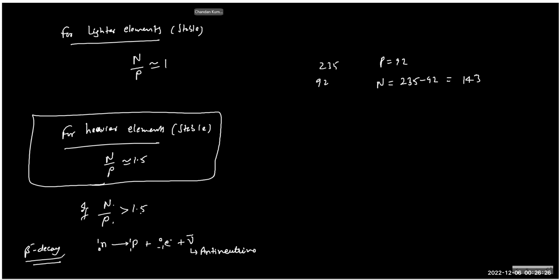But the rule says that opposite spin will have weaker interaction. Yes or no? Yes. So it means they can stay together, but with very weak attractive power. It means their stability is less.